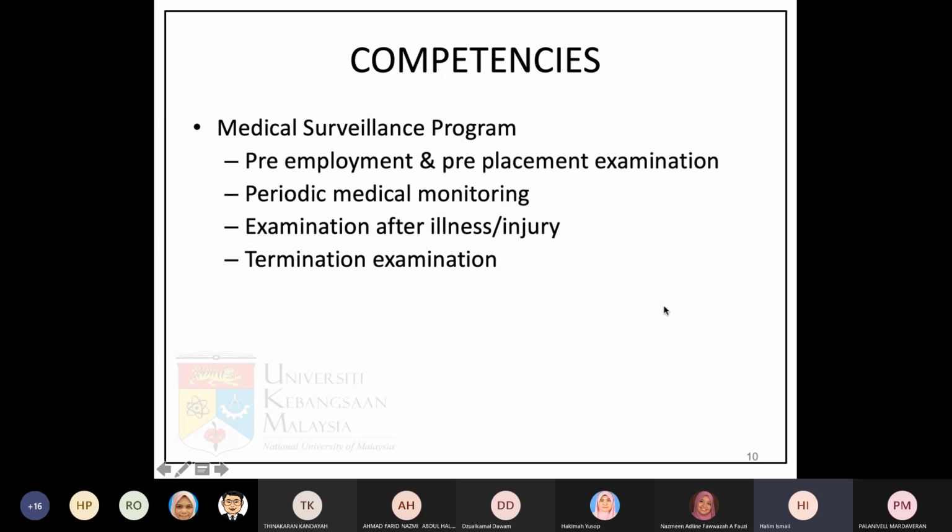In terms of medical surveillance program, you need to be competent to do it because certain hazards have specific medical surveillance that is done based on that particular hazard. Say for example, noise hazard has a specific medical surveillance program. Lab work has a specific medical surveillance program.